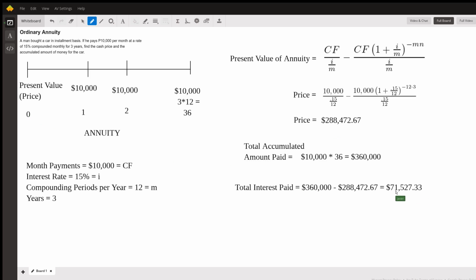And then we find a difference of $71,527.33. That means because we took out a loan, instead of paying this amount today, we will pay an extra amount equal to this in interest.